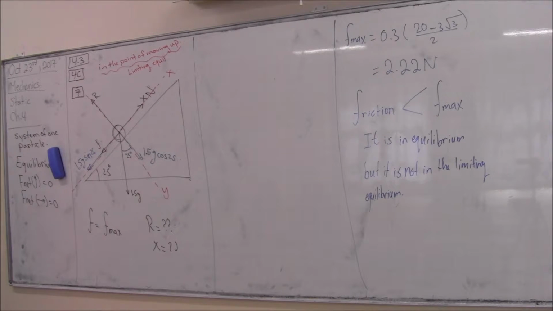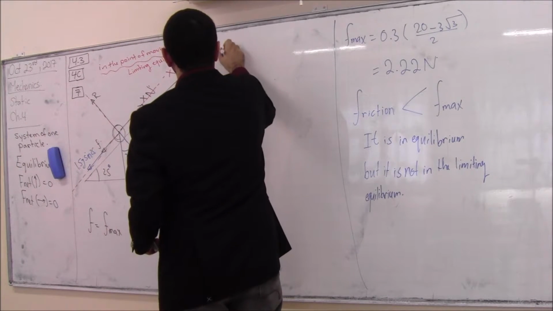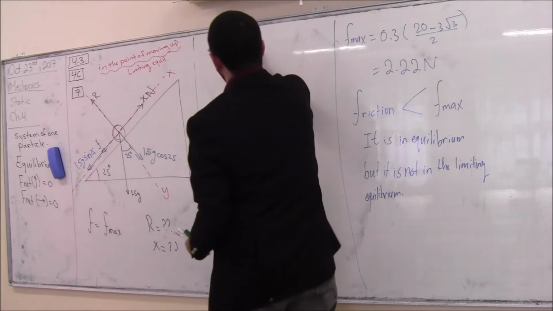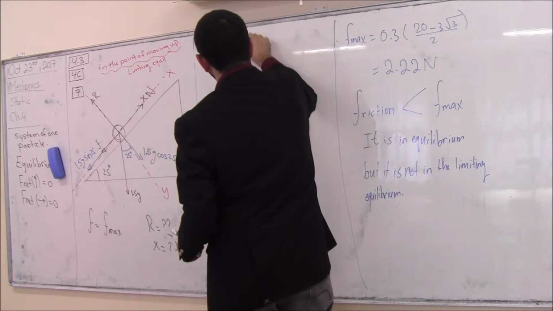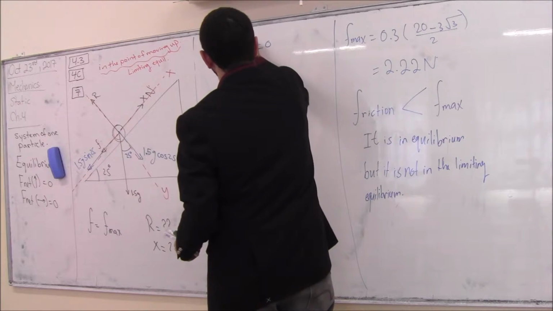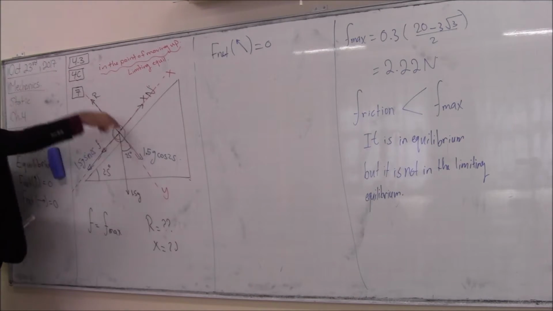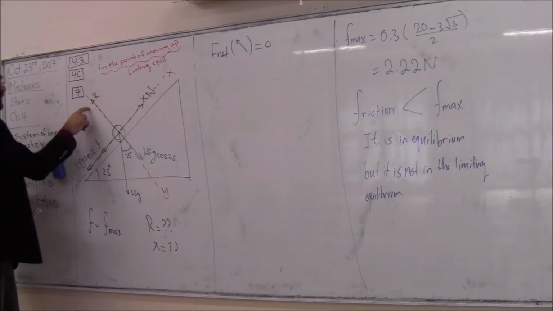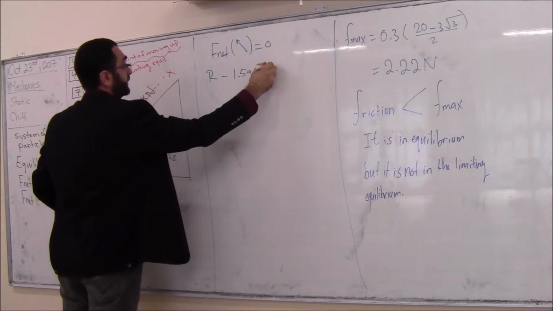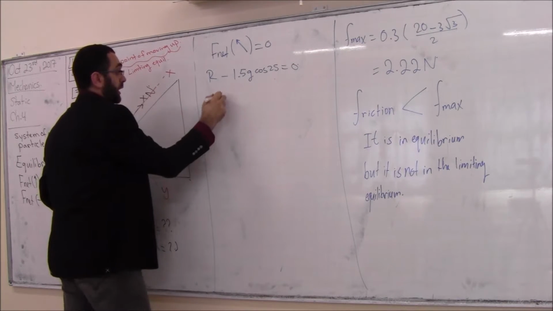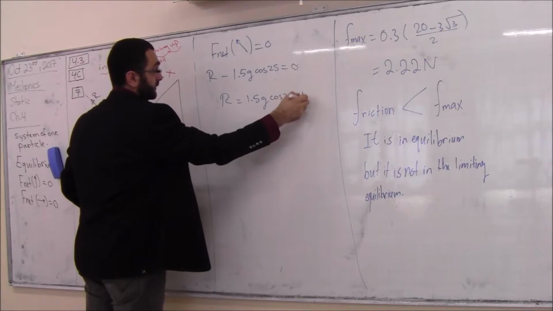Clear? This is the only force that should be resolved. Again, F net, we need R. So the resultant force along this direction is 0. R minus 1.5g cosine 25 equals 0. So R equals 1.5g cosine 25 newtons.